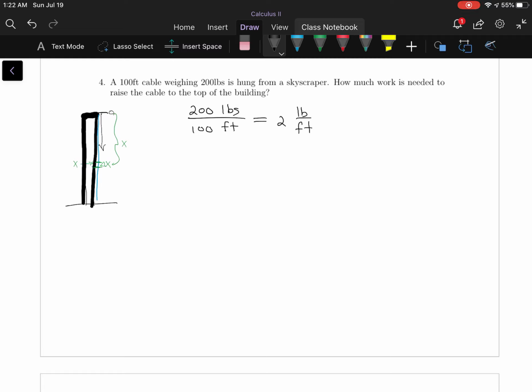And with being in a small subinterval, and that subinterval is of some distance or measure, that means that the force is going to be 2 times some x.